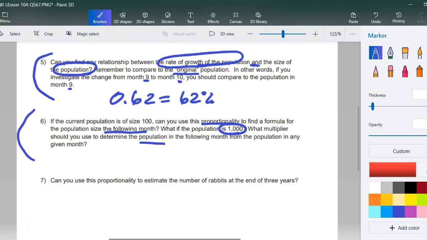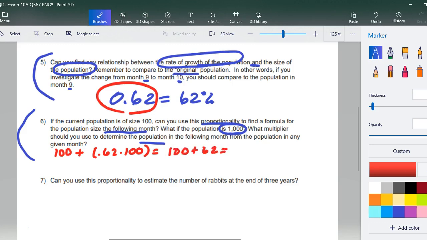So using our 0.62 from question 5, if this month we have a population of 100, then instead of going to the spreadsheet, I can just say my next month is going to be 0.62 of that. In this case, it would be 100 plus 62 more. That would be 162.